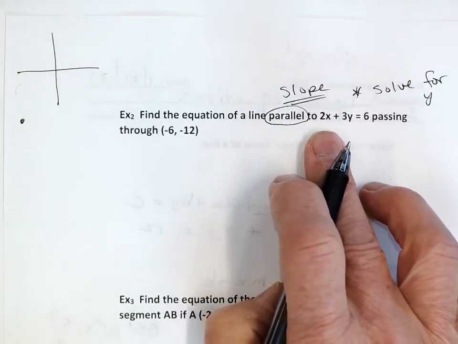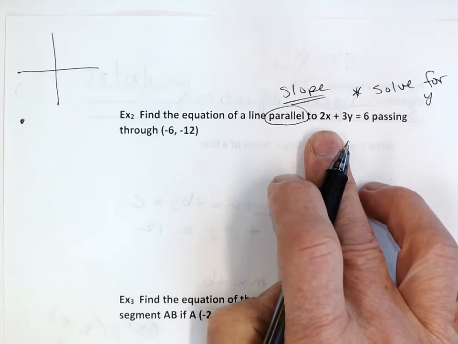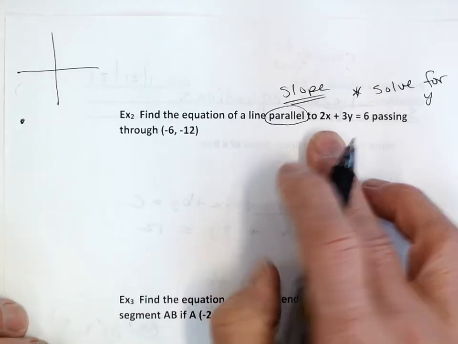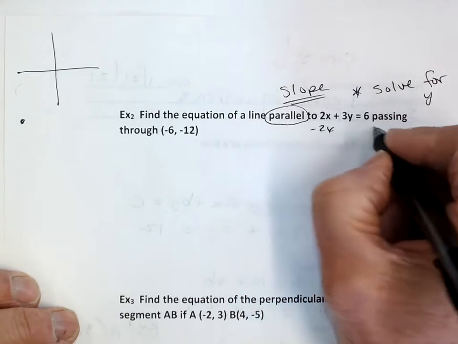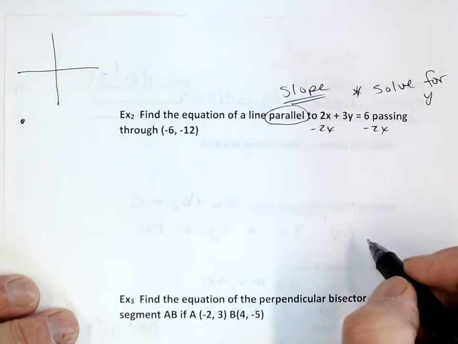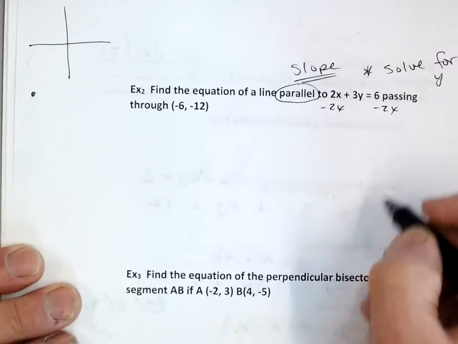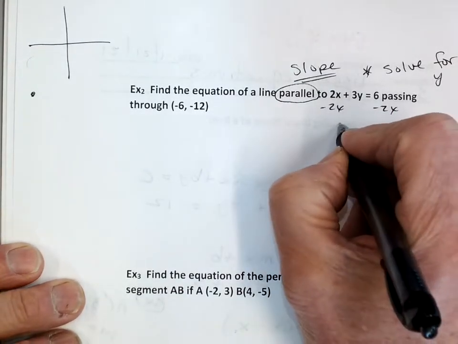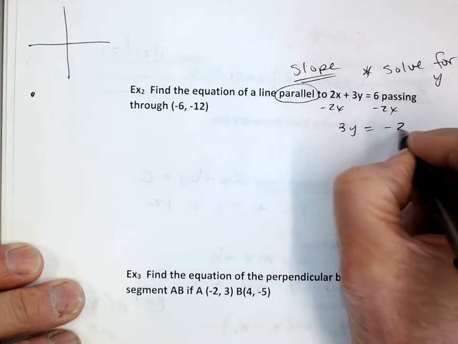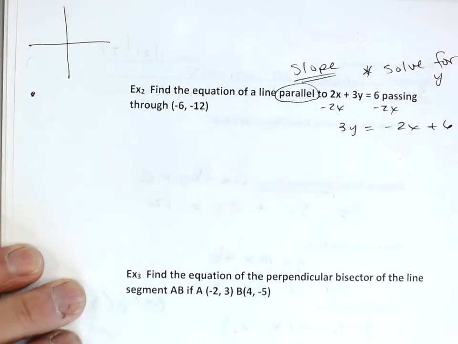To make them parallel, we need the slope because they'll have the same slope. Okay, so then minus 2x, right? Just solving for y. I'll have 3y equals negative 2x plus 6.